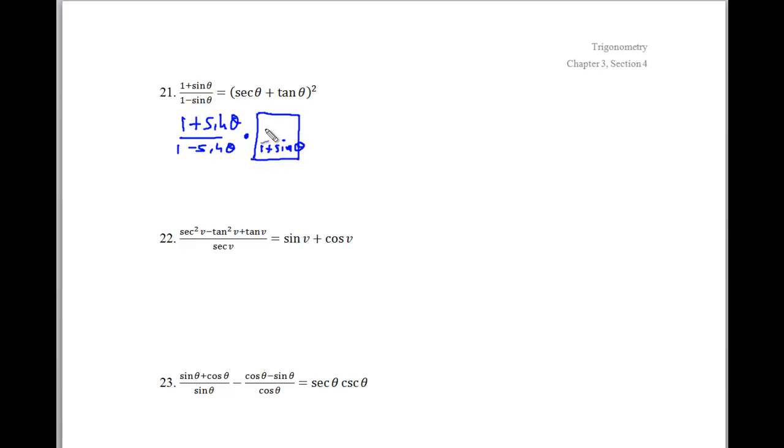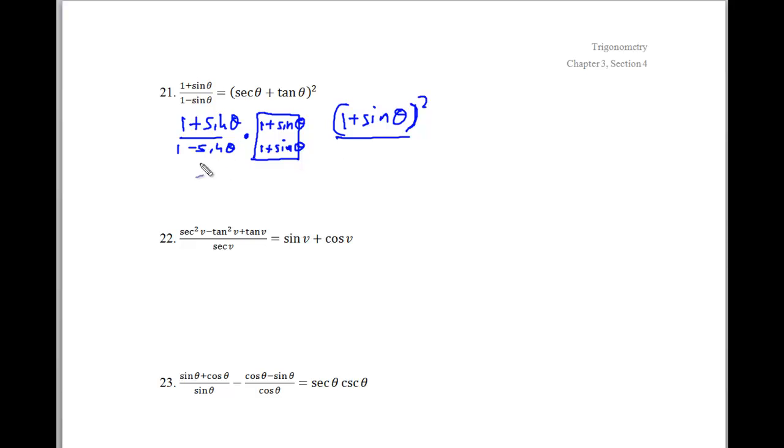If we multiply top and bottom by 1 plus sine of theta, we get 1 and 1, which makes 1, and we have sine, and, well, actually, instead of foiling this, why don't I just write down 1 plus sine of theta, quantity squared. Maybe this will get me somewhere in the end.